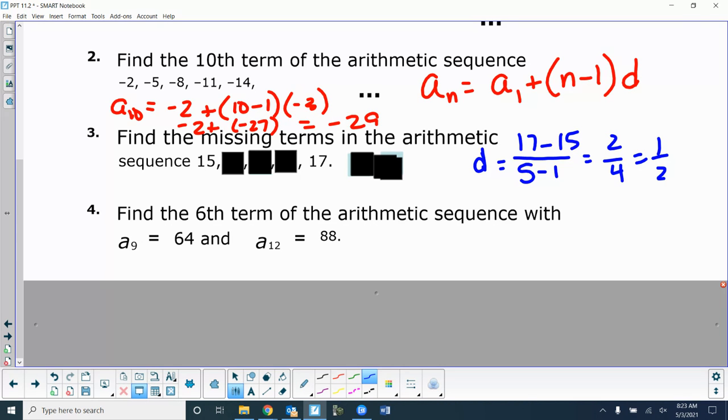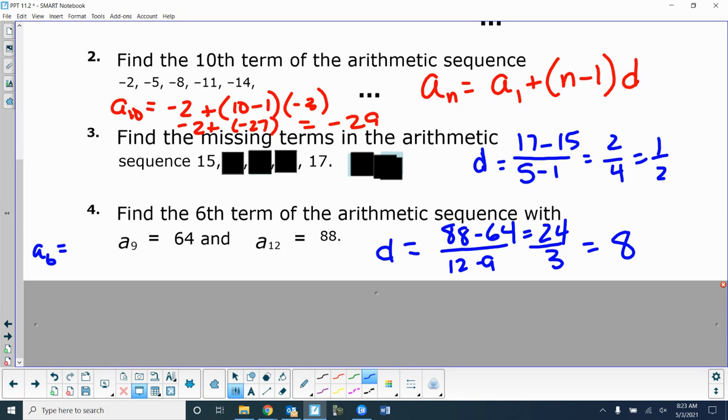All right, so what's 88 minus 64? 24. What's 12 minus 9? 3. So what's D? 8. So remember, I'm looking for the 6th term down here, right? How far away from the 9th? 3.